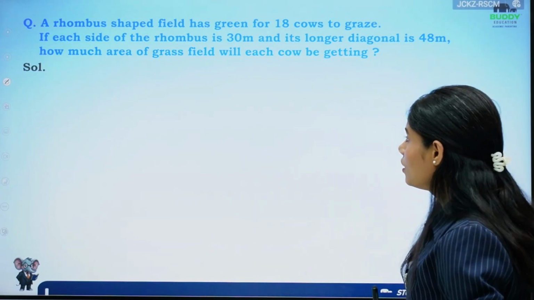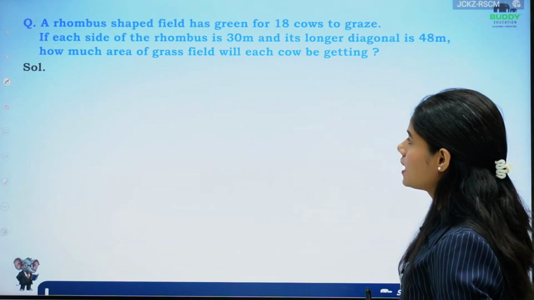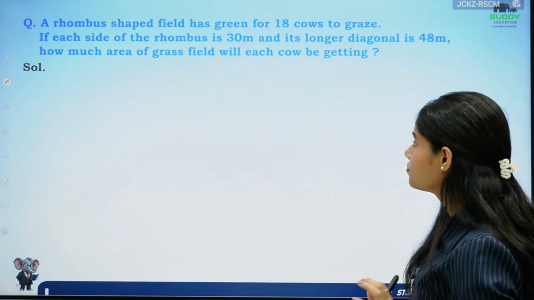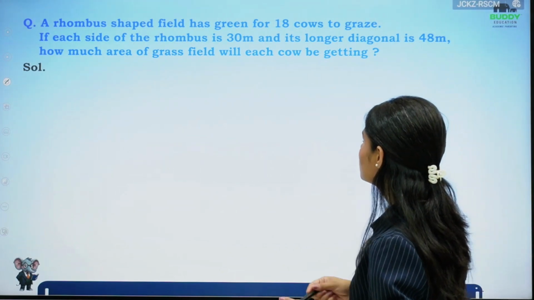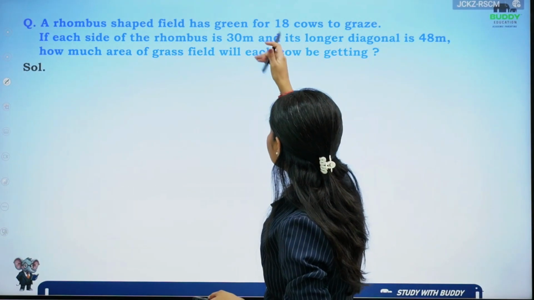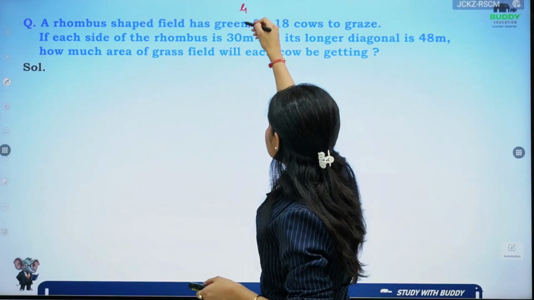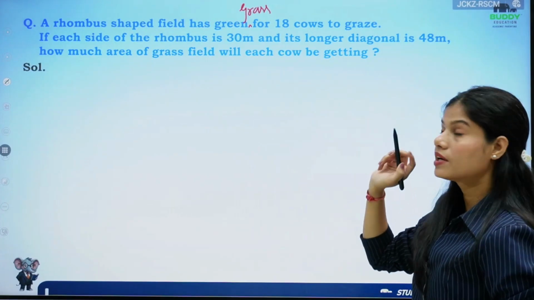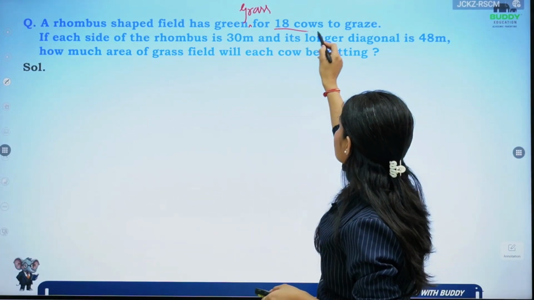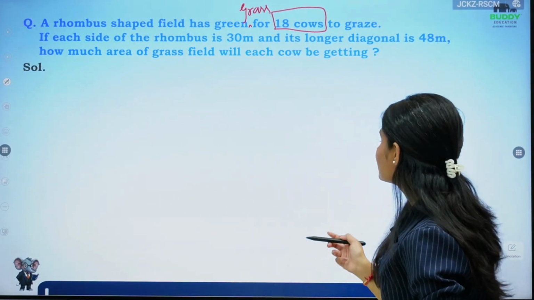Okay, so the question is: a rhombus shaped field has green grass, one word is missing, this is green grass. So there is a rhombus shaped field in which we have green grass for 18 cows who are grazing together.